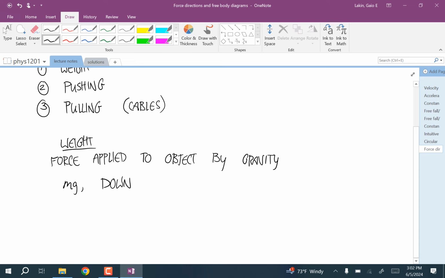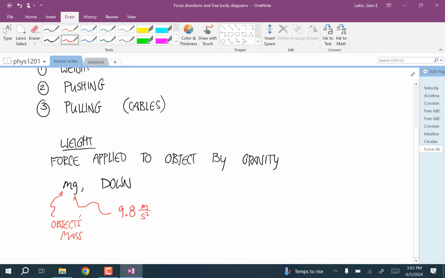So it makes sense, I think, that gravity always applies a force downward. Mg, this m is the object's mass. And this g is the acceleration of gravity in free fall, 9.8 meters per second squared.